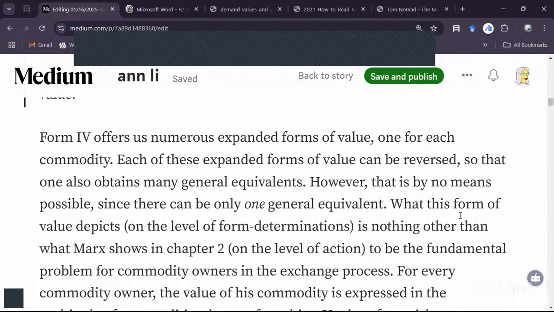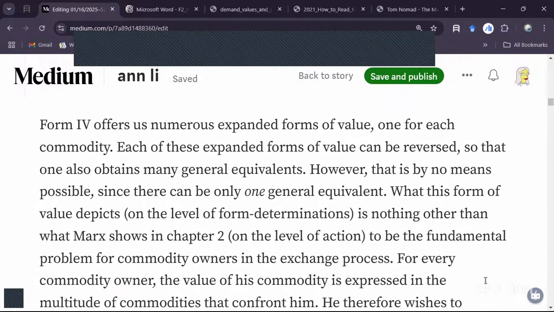Form 4 offers us numerous expanded forms of value, one for each commodity. Each of the expanded forms of value can be reversed so that one also obtains many general equivalents. However, that is by no means possible, since there can be only one general equivalent. What this form of value depicts on the level of form determinations is nothing other than what Marx shows in chapter 2 on the level of action to be the fundamental problem for commodity owners in the exchange process.